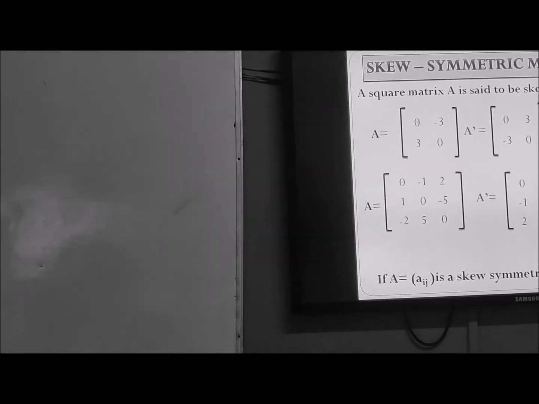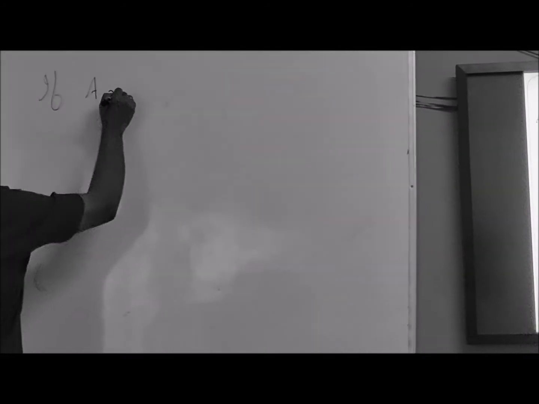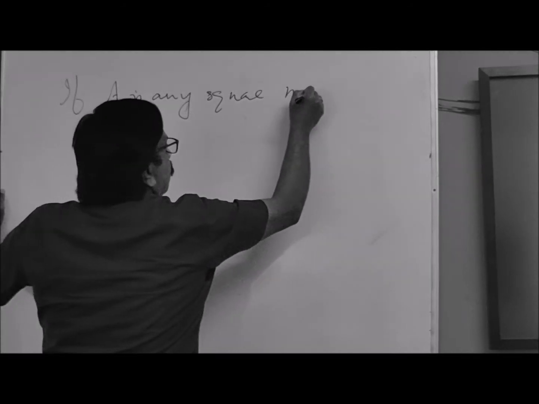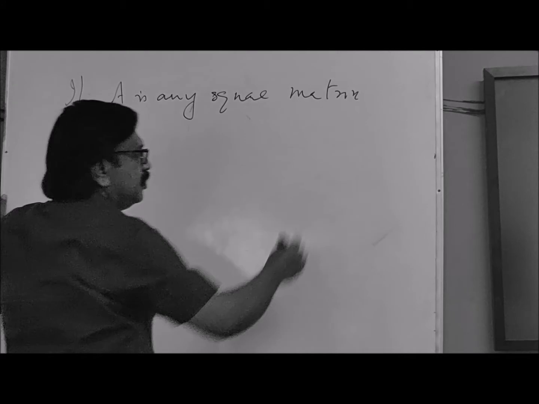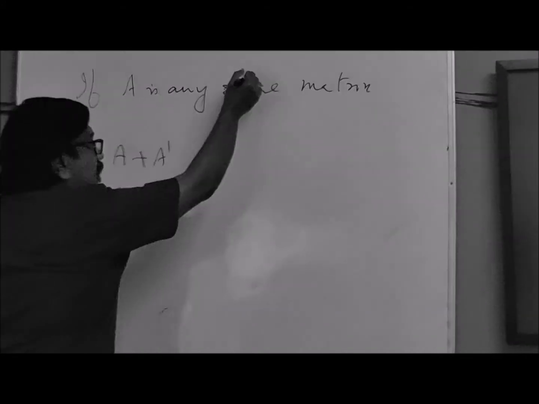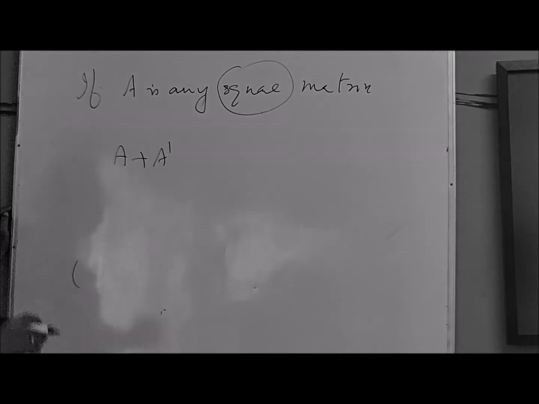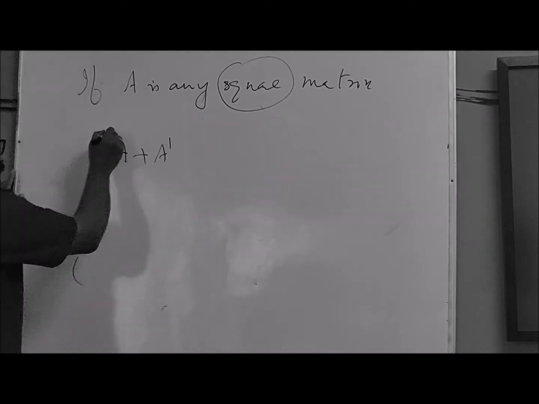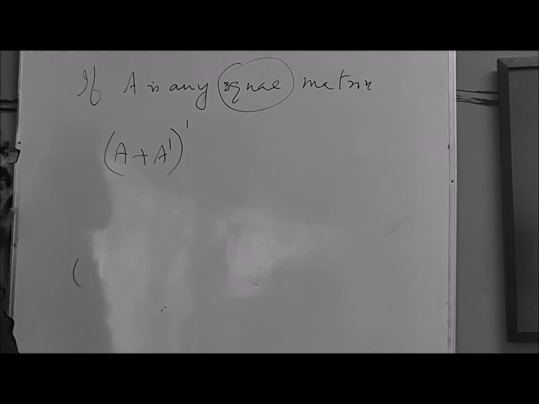Suppose A is any matrix, any square matrix, or any other matrix. Consider A plus A transpose. It is applicable for any matrix, in particular for a square matrix. You see, what is the transpose of A plus A dash?